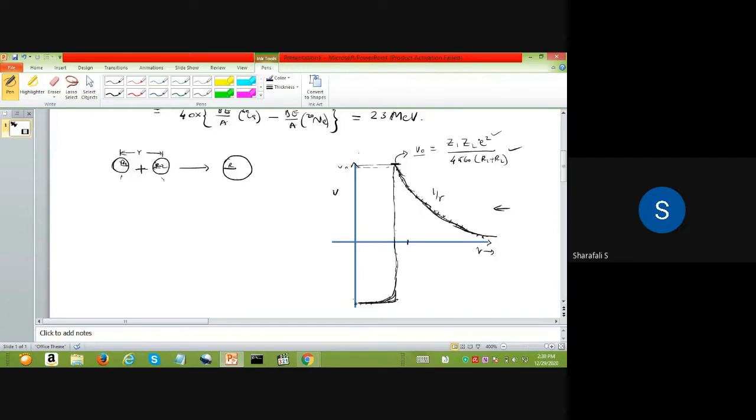Here the barrier is formed because of the Coulombic repulsive force and the Coulombic repulsive potential, so you have to apply the minimum energy required to cross this particular potential barrier.